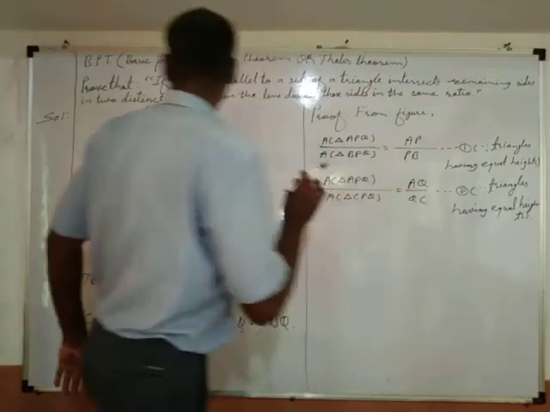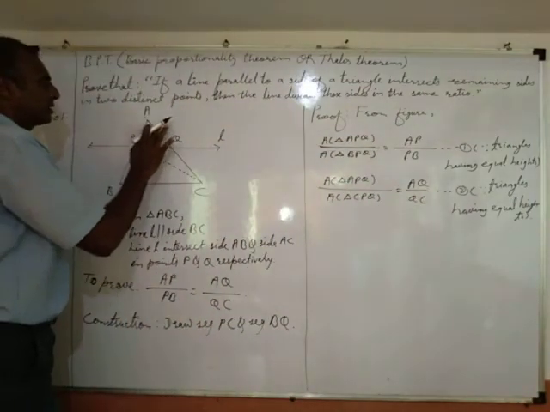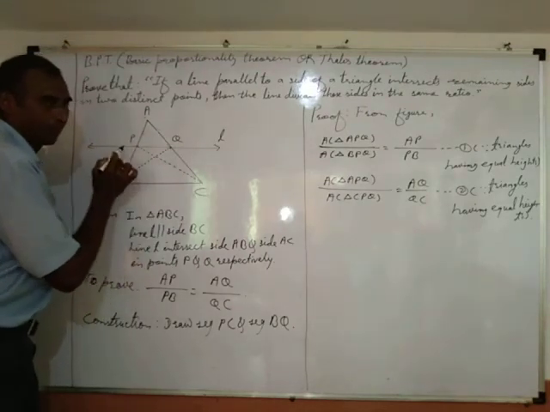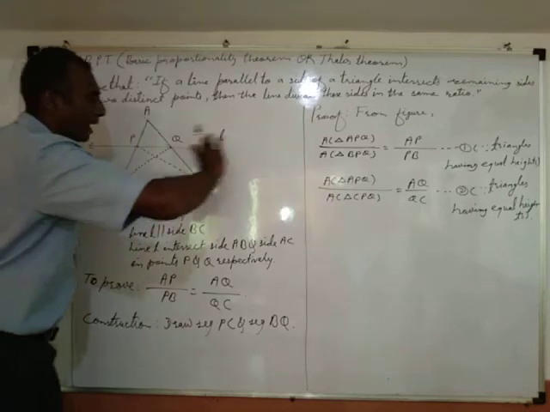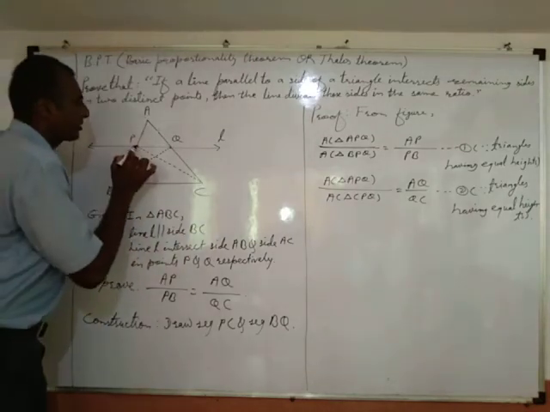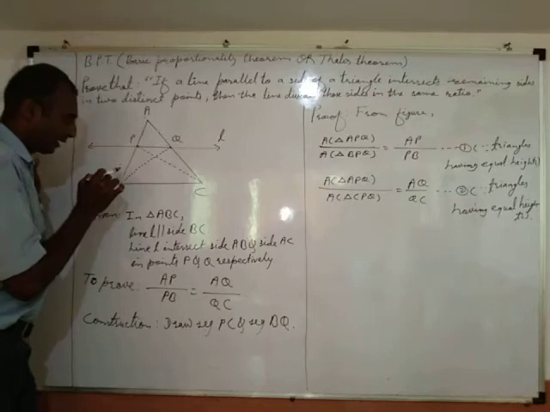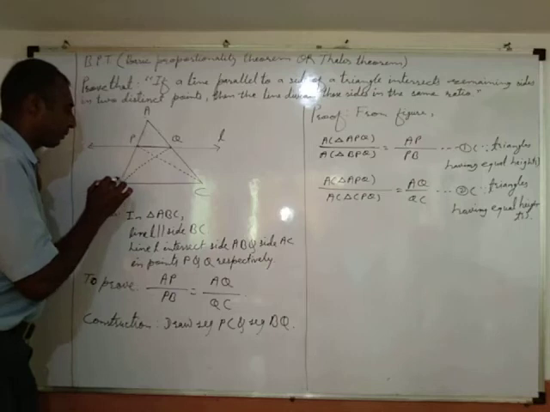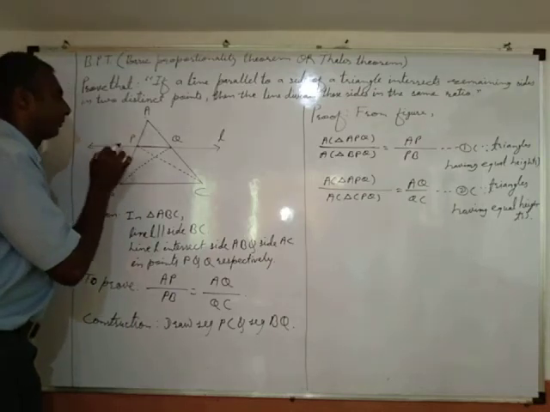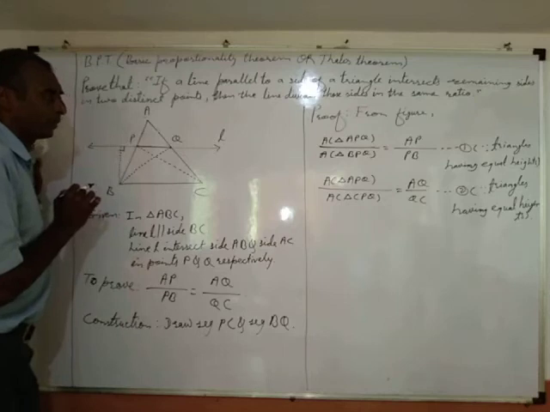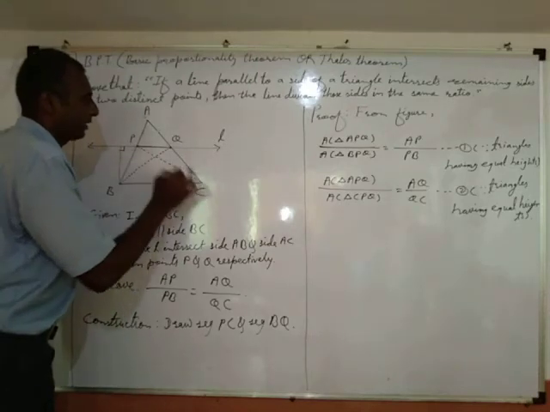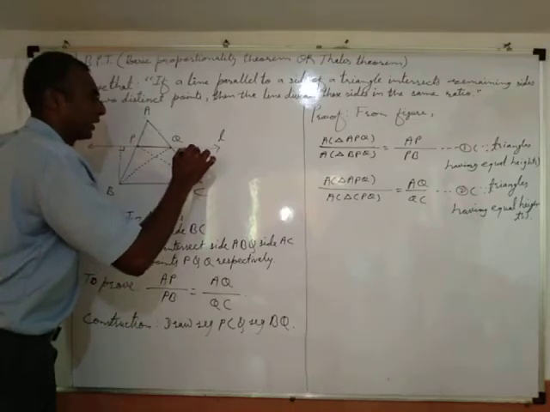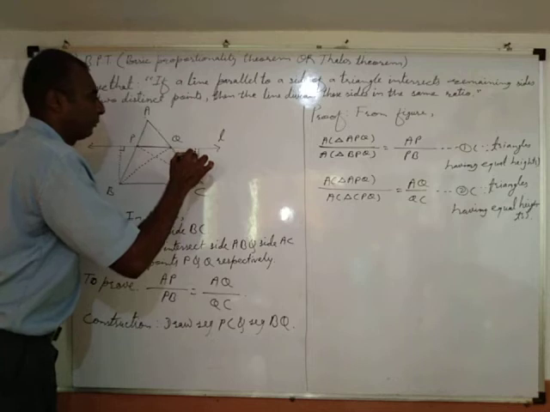Okay. Now, let's consider a pair of triangles BPQ and CPQ. This pair lies between two parallel lines with common base PQ. In the case of triangle BPQ, if PQ is a base, then we need to draw a perpendicular through B on line PQ. Similarly, in the case of triangle CPQ, if PQ is a base, then we need to draw a perpendicular through vertex C on line PQ.